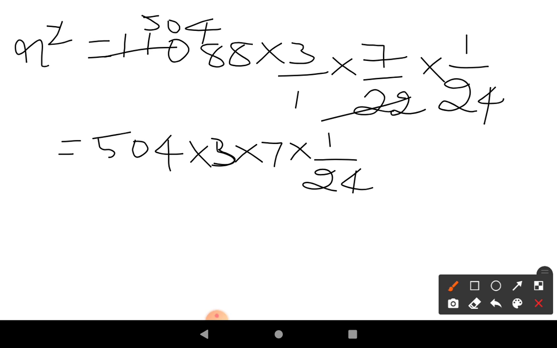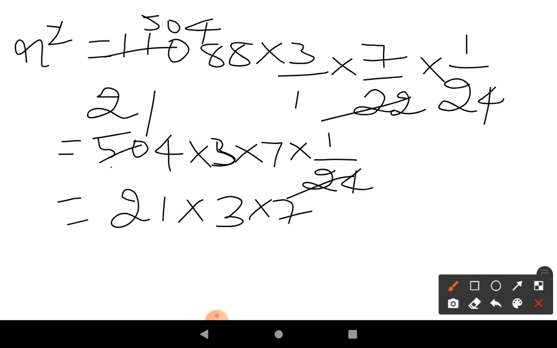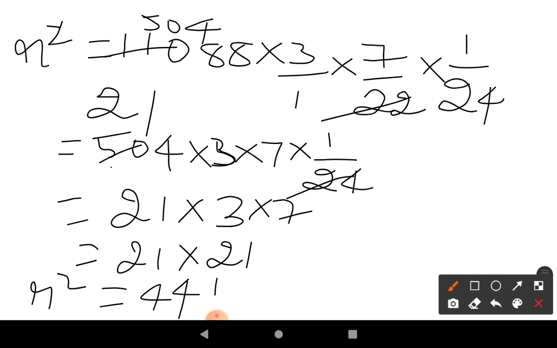Now 24 2s are 48, you will have a remainder 2. Again, 24 2s are 48, and in 50 you will get a remainder 2. Taking this carry over, you will get 24 here. 24 ones are 24, so we get 21 into 3 into 21. When you multiply this, you will get 21 into 21, which is equal to r square is equal to 441.